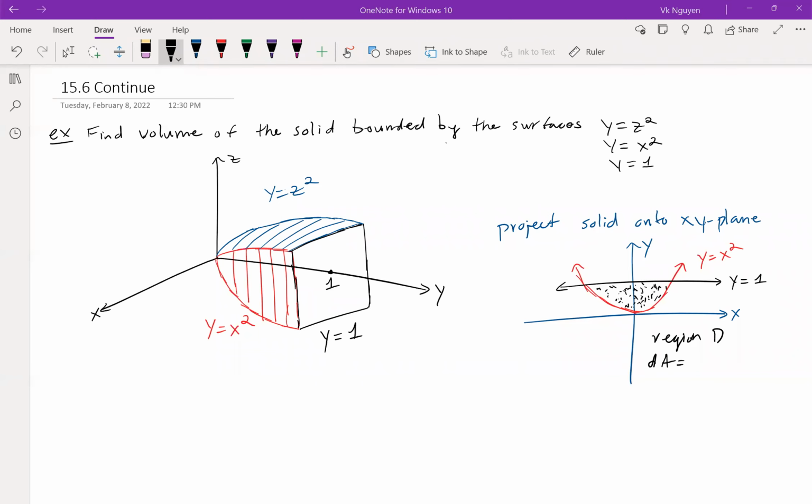I wouldn't recommend it. It's gonna be dy dx, because y is between the two curves and then x is just between two numbers. One of them is gonna be -1, the other one is gonna be 1. So it is better to do dy dx. Y goes from x squared to 1.